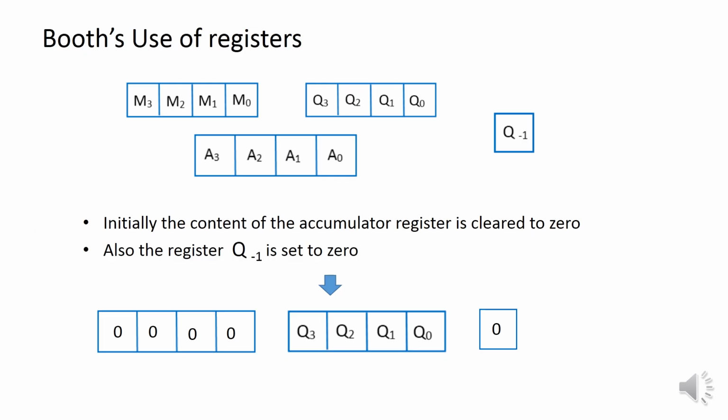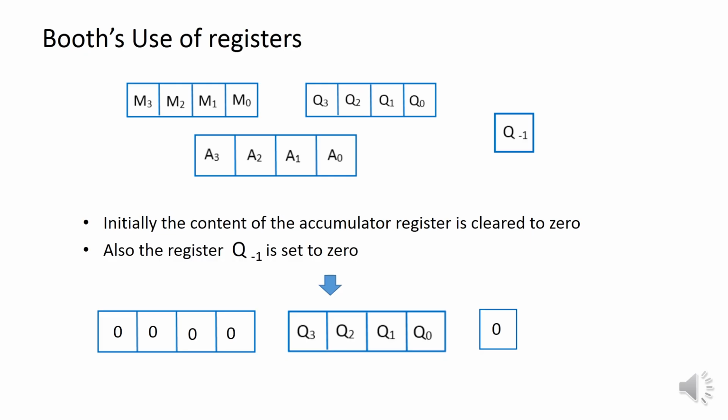Initially, the content of the accumulator register is cleared to 0. Also, the register Q-1 is initially set to 0. So initially we have this configuration. As you see, the multiplier register and the accumulator register together make up the 8 bits needed for the product result.